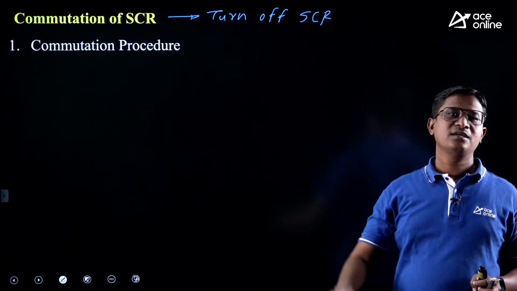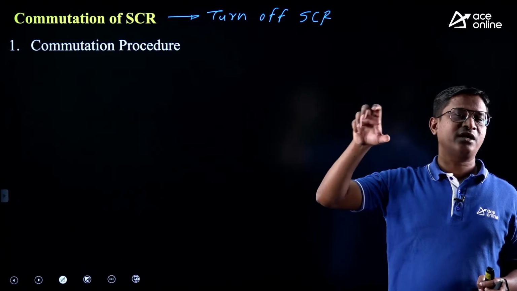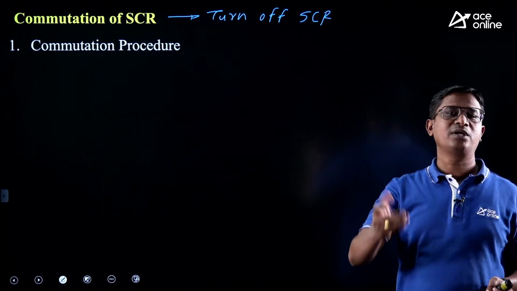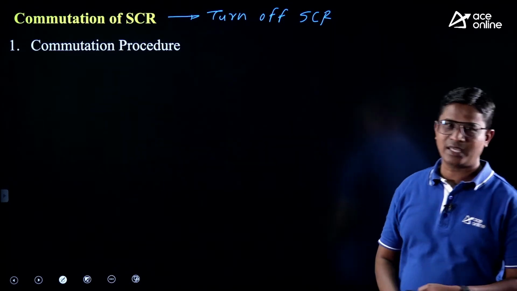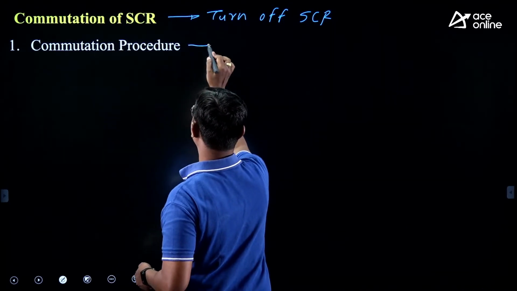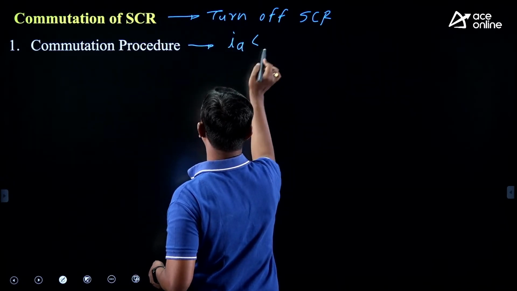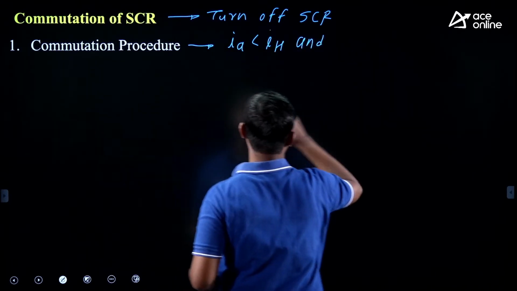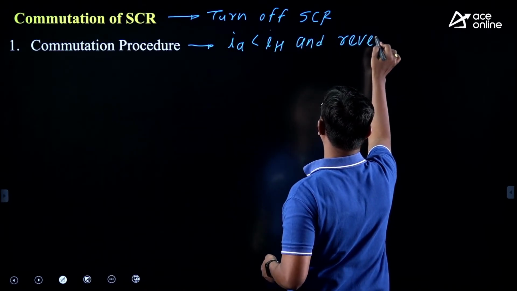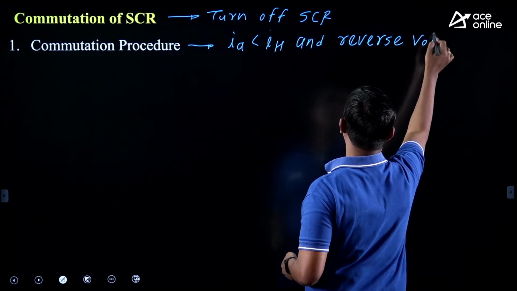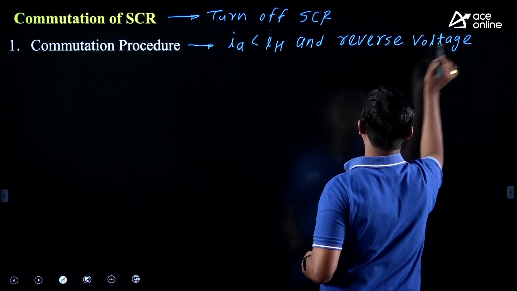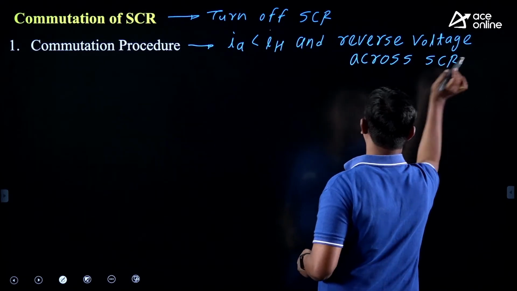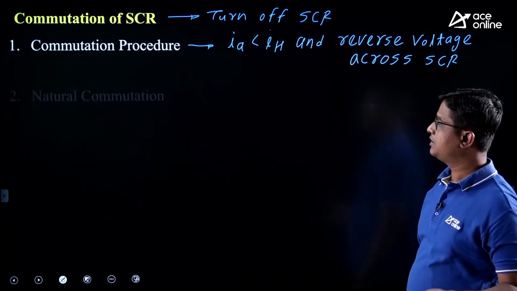Second, only reducing the current below the holding current is not sufficient to turn off the SCR successfully. We need to maintain reverse voltage across the SCR. So, to turn off SCR: first, the SCR current, meaning anode current, should be less than the holding current value, and second, we need to maintain reverse voltage across SCR.